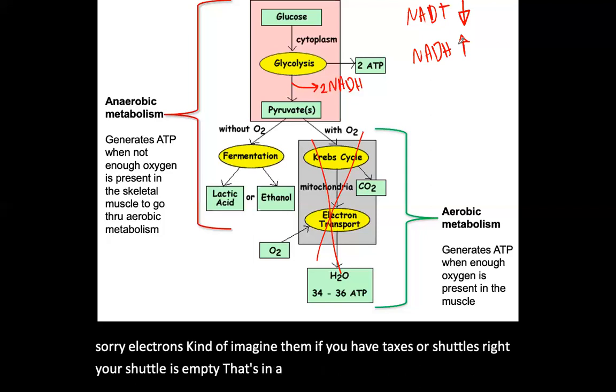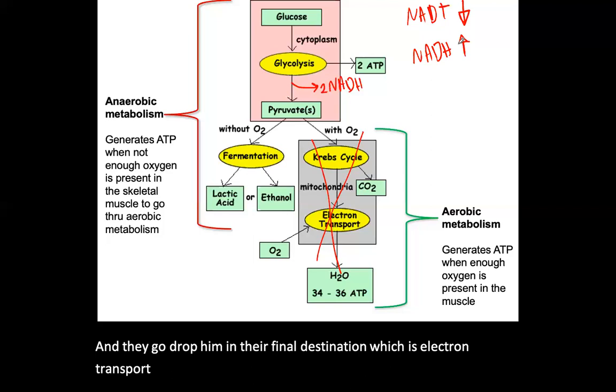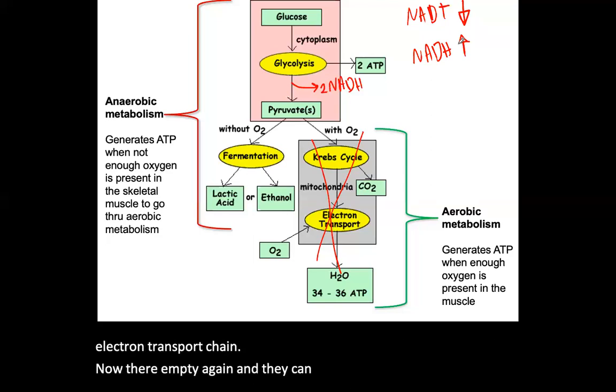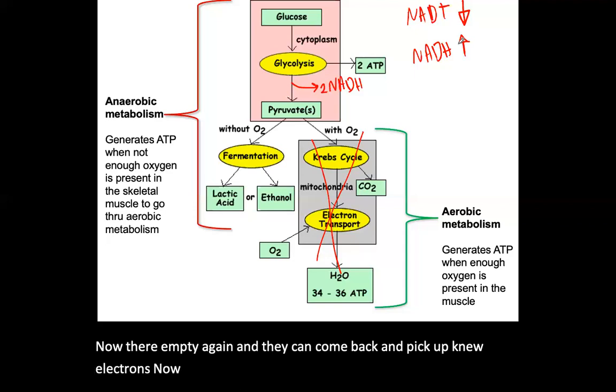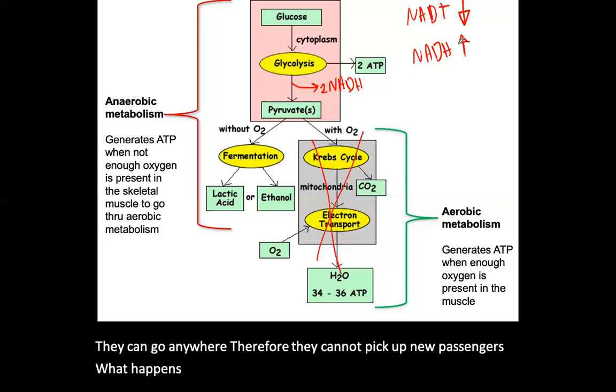They pick up their electrons and go drop them at their final destination, which is the electron transport chain. Now they're empty again, and they can come back and pick up new electrons. Now imagine the shuttle picks up the electrons, and then they're stuck at their final destination. They can't go anywhere, so they cannot pick up new passengers. So what happens to the taxis that are empty? Your NAD plus number is going to decline.